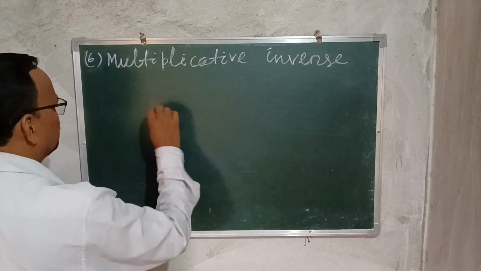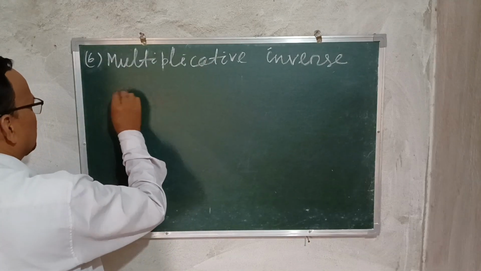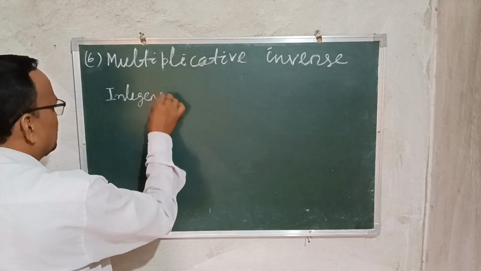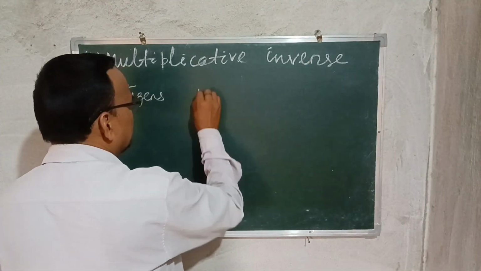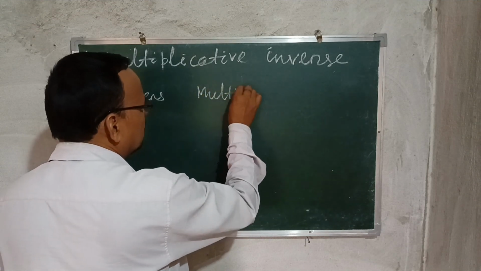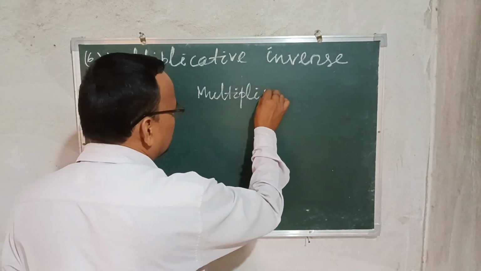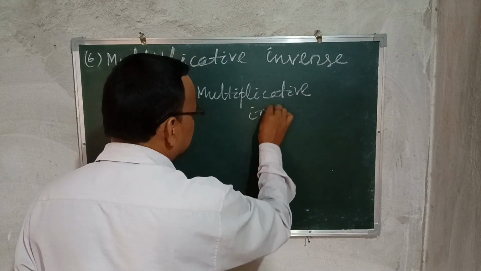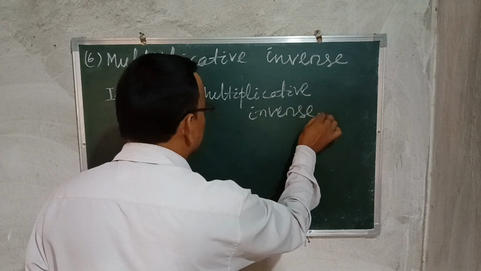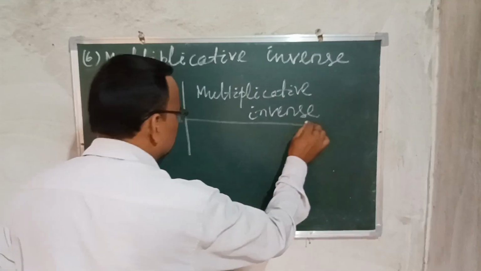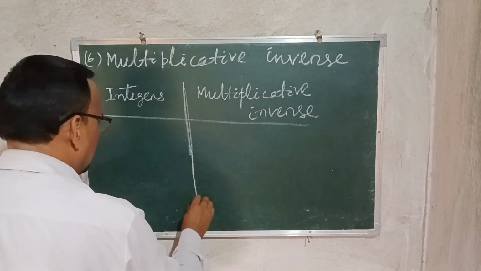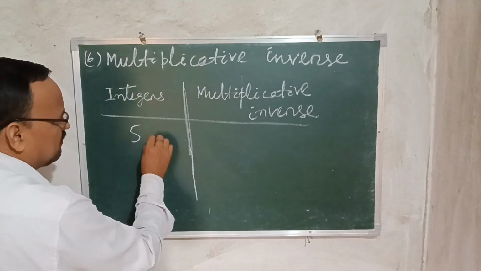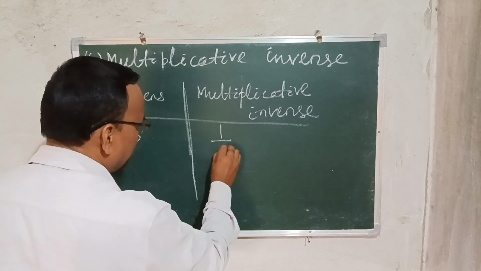Suppose the numbers here are integers. Suppose I write here 5. The multiplicative inverse of 5 is equal to 1 by 5.